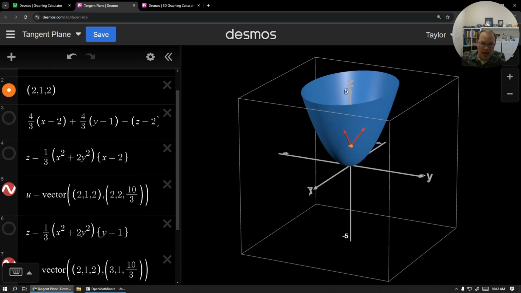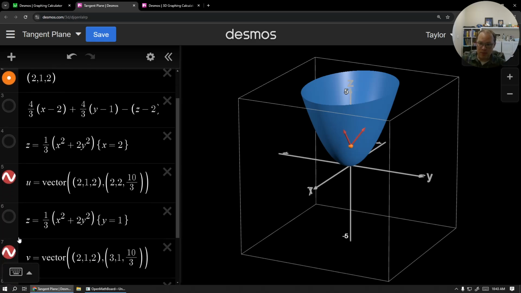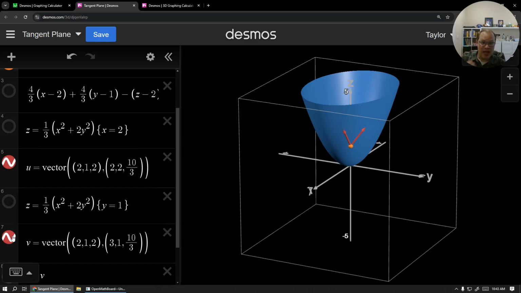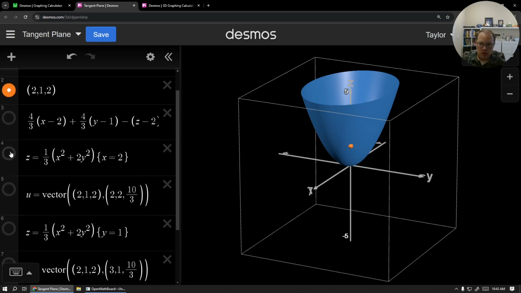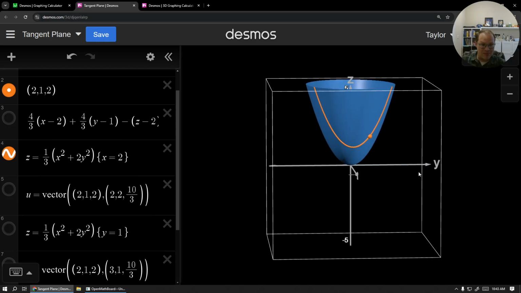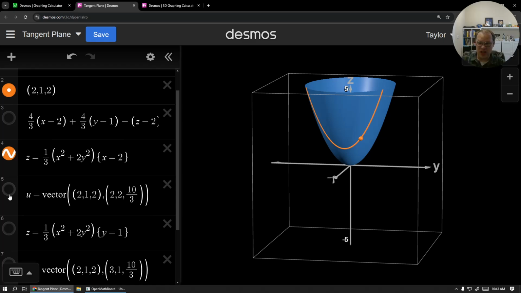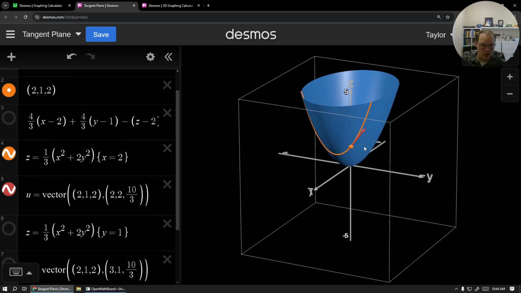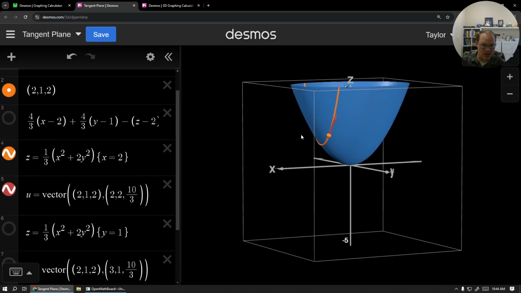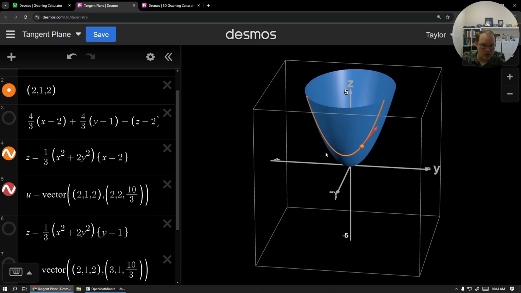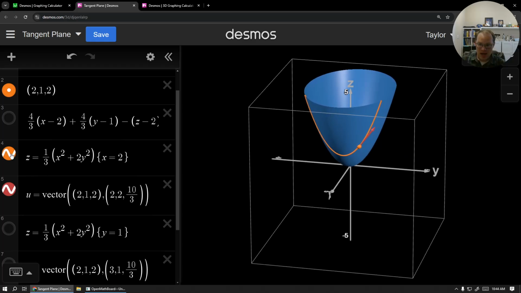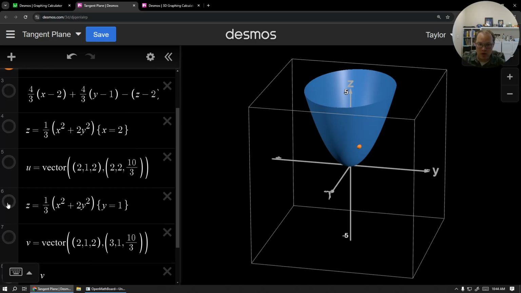Now, I already have a way to find information about tangent behavior to the surface: partial derivatives, right? So if I look along the trace where I hold x fixed, I can use my partial derivatives to find information about the tangent behavior to that trace at the point in the direction of y. And I could do the same thing with my other partial derivative.